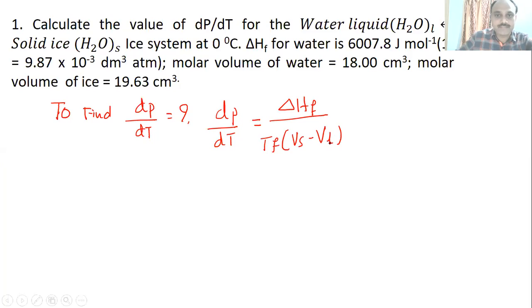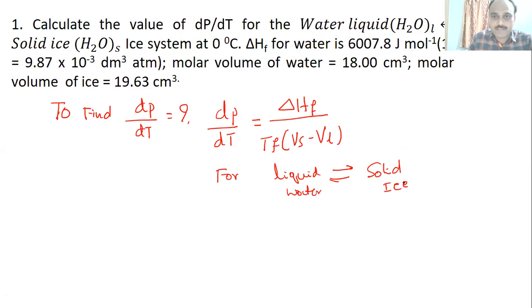This is the formula to calculate dP by dT for which process? For liquid to solid equilibrium. That is important because this is water and this is ice. Right? For this equilibrium, the equation can be written as this.